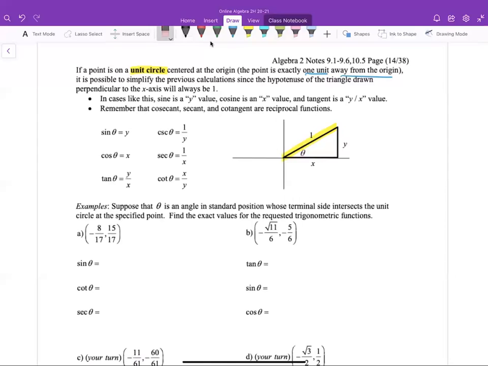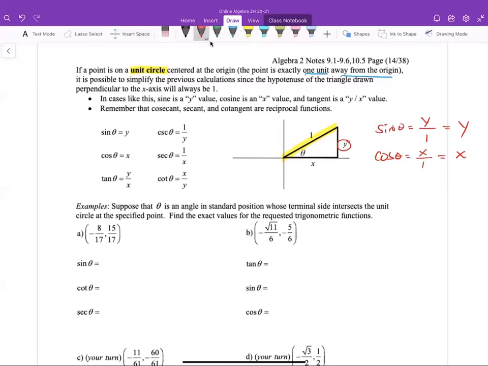In cases like this, sine is a y value, cosine is an x value, and tangent is y over x. Let me give you an example of why that is. Sine of theta is opposite over hypotenuse, so that will be opposite, which is the y value, over the hypotenuse, which is 1. So the sine is the y value. Cosine is adjacent, which is x, over the hypotenuse, which is 1 because it's on a unit circle.